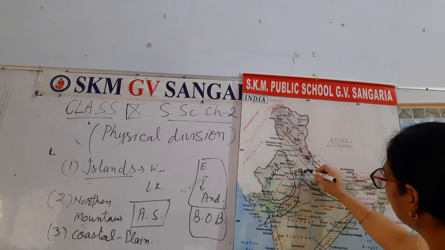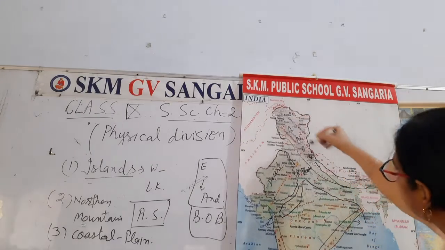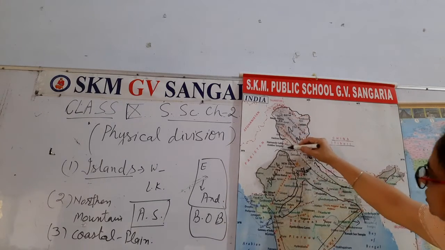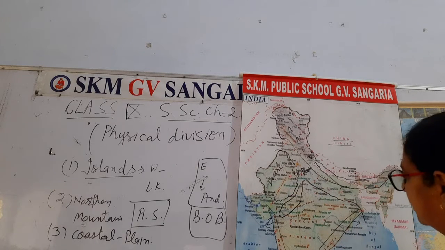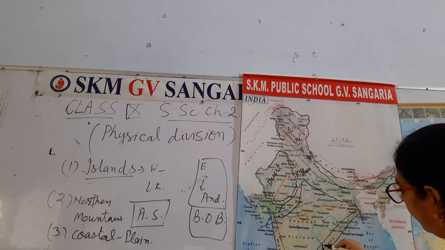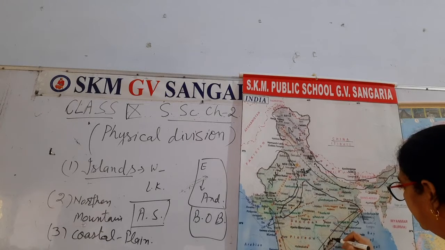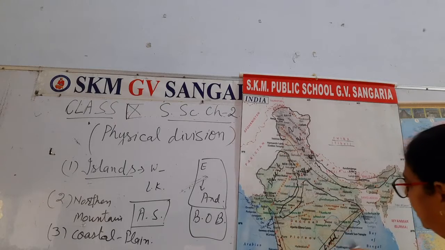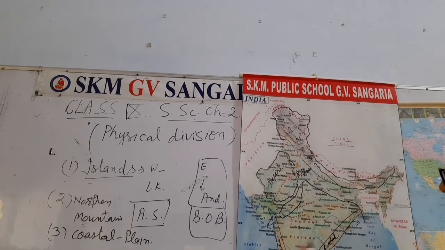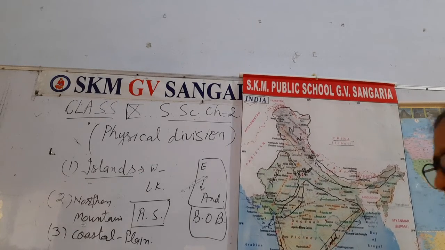Northern plain means plain area, that is the northern mountain, its northern plains, right, and its desert. These are the coastal plains. This is eastern coastal plain, this is western coastal plains.